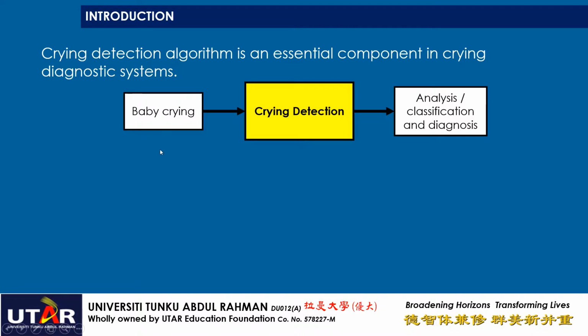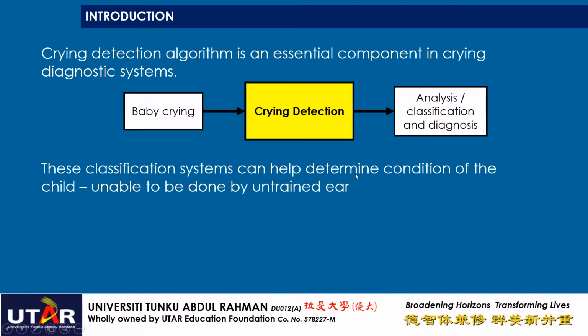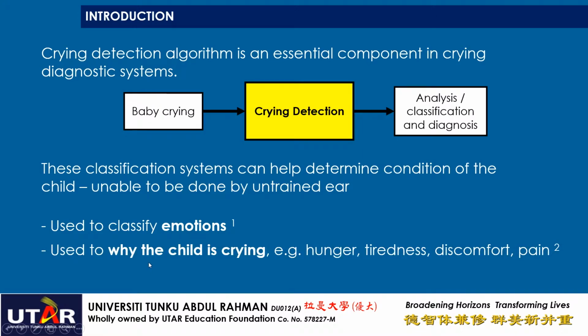For example, when a baby is crying and the algorithm detects it, the crying signals can be segmented and passed on to classification algorithms that can determine conditions of the child. They can be used to classify emotions, whether the baby is sad, happy, or angry, or to tell why the child is crying, for example due to hunger, tiredness, discomfort, or pain.